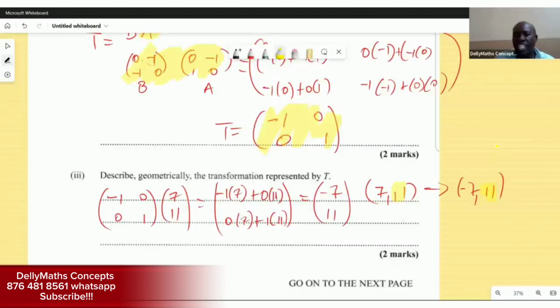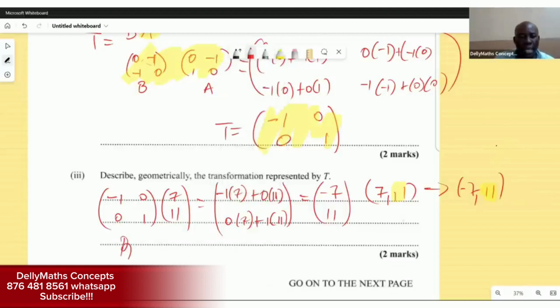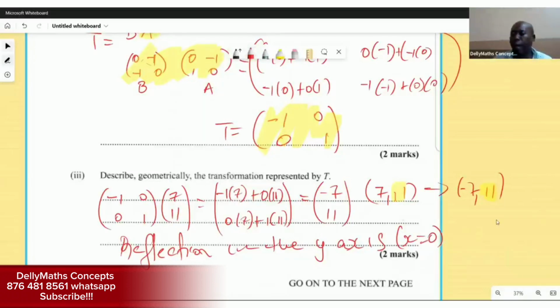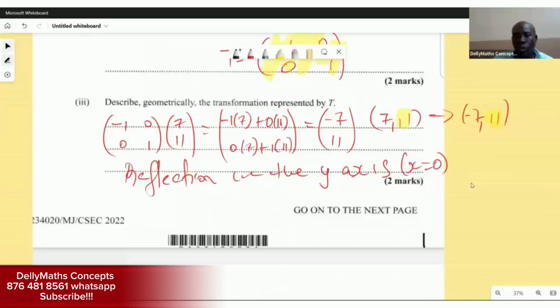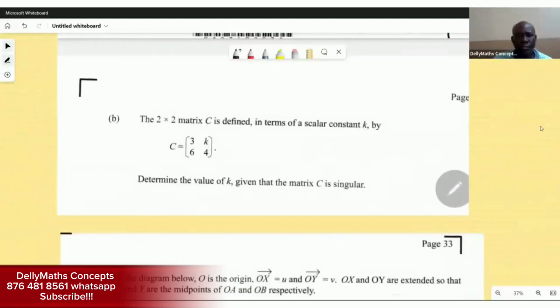Definitely, this is a reflection in the y-axis, because when you reflect things in the y-axis, the y value remains and the x value changes its sign. And the y-axis is the same thing as x equals 0. So definitely, that is how you would have approached that. Let's go for more questions.